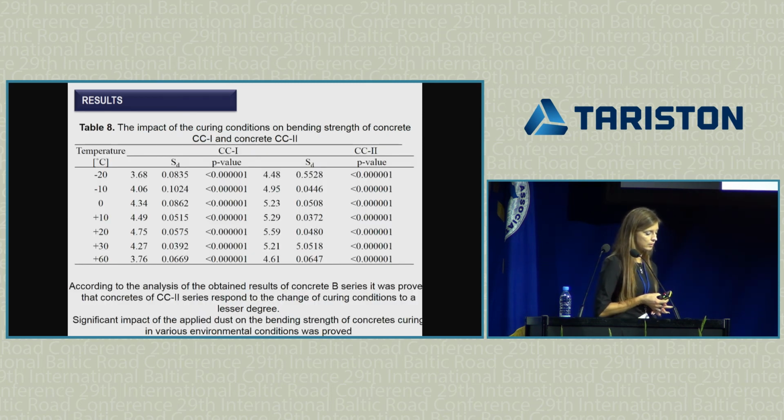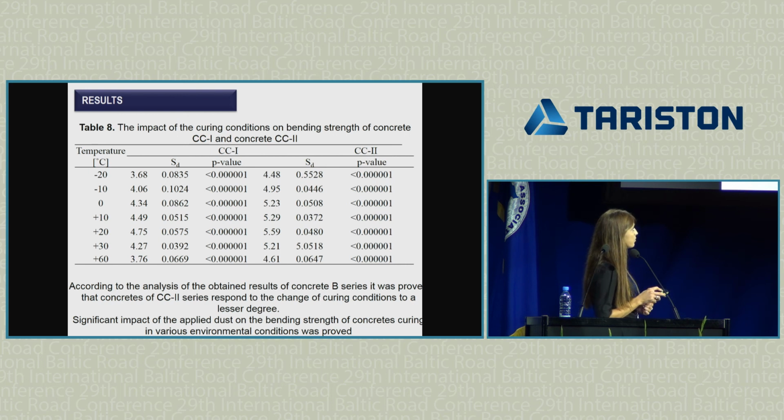According to the analysis of the obtained results of concrete CC1 and CC2 in series B, it was proved that concrete of series CC2 responded to the change of curing conditions to a lesser degree.